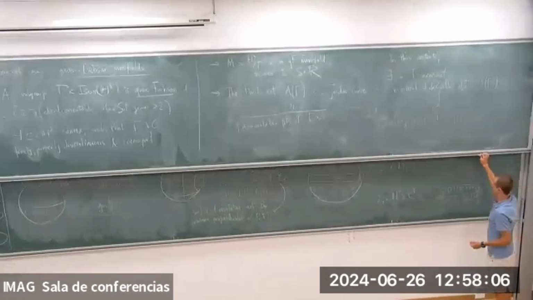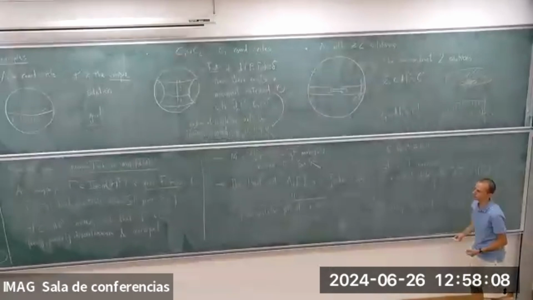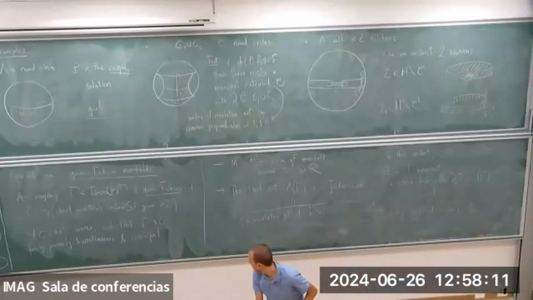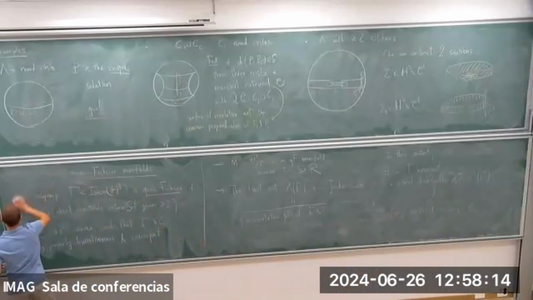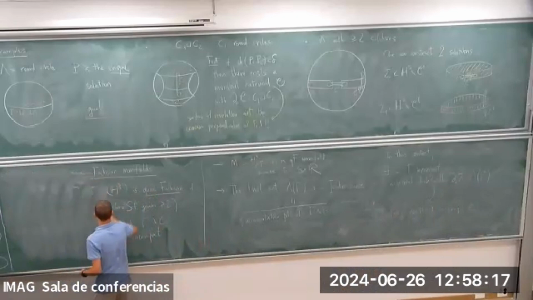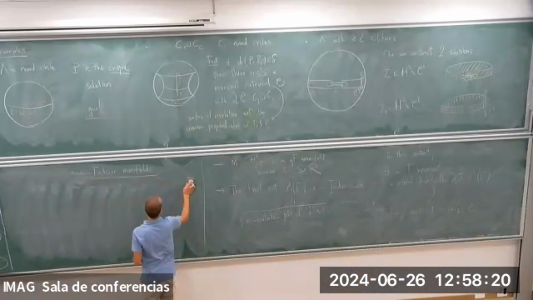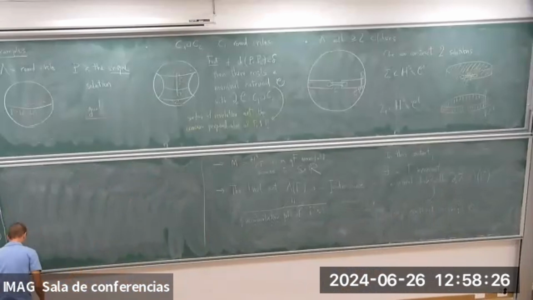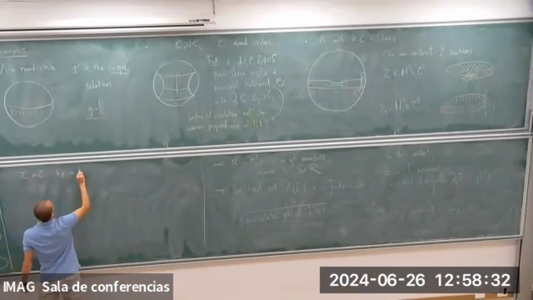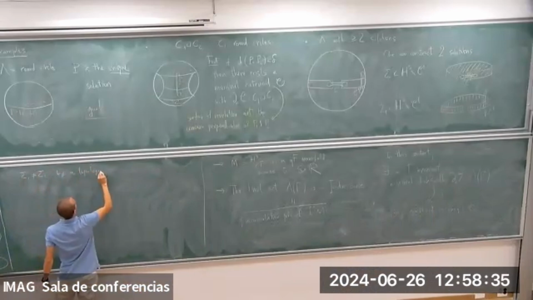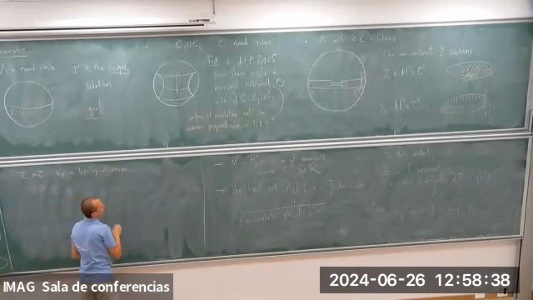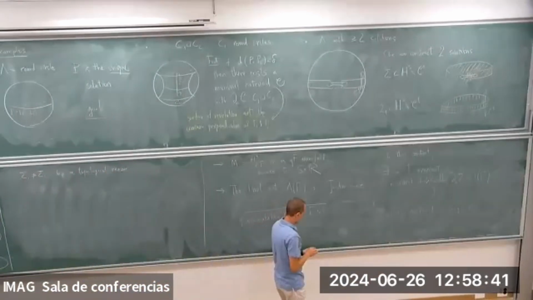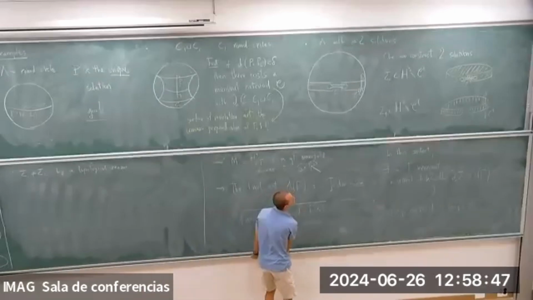Good. Believe me that you can construct these things. Then one can show that sigma 0 is different from sigma 1 for topological reasons.